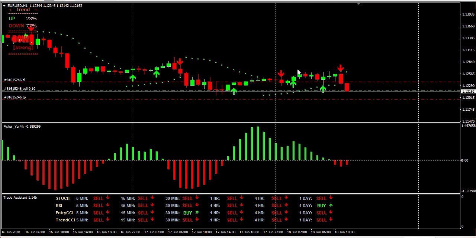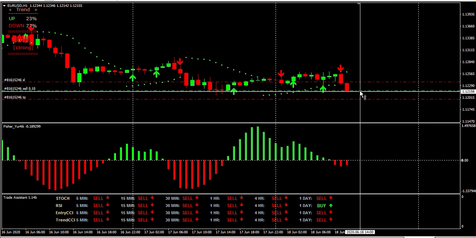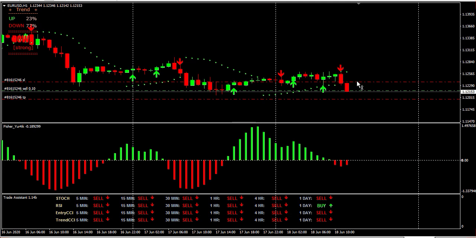On that EA, it is set to take 20 pips profit and 20 pips stop loss. Okay, let's see how much this is. There it is, this is about 20 pips and this is about 20 pips. There's no trailing stop, but there's a stop loss at 20 pips and take profit at 20 pips.